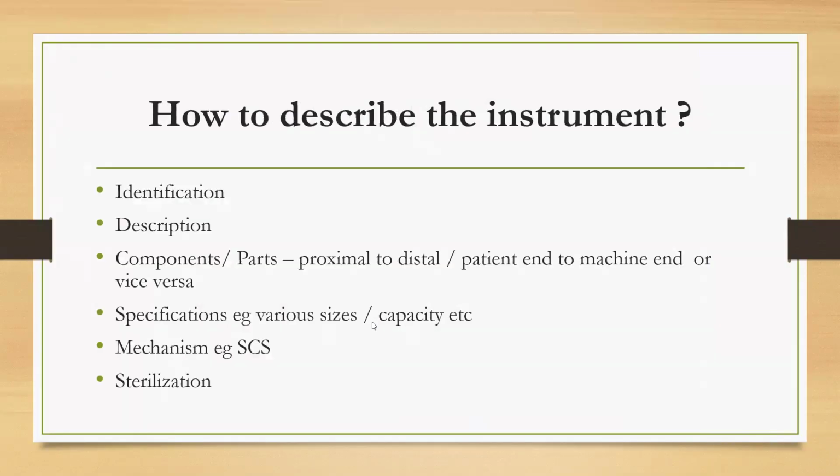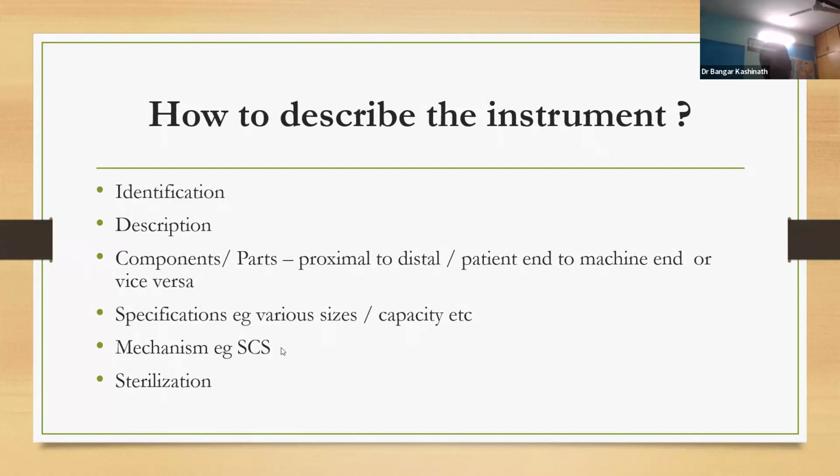Sir, can you please repeat the first instrument? Yeah. So, how to describe an instrument? Identify it. Describe various components from the proximal to distal end, or vice versa, or patient end to machine end. Specifications, various sizes, capacities, mechanism of action of the particular instrument if applicable.